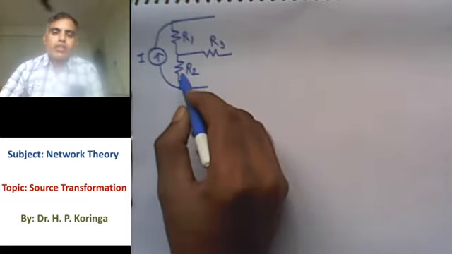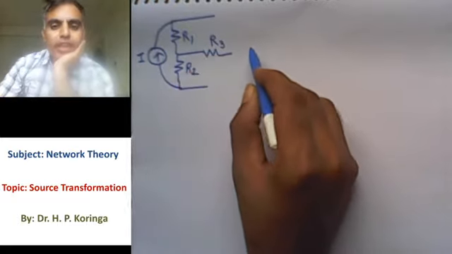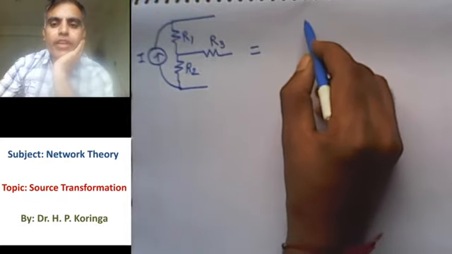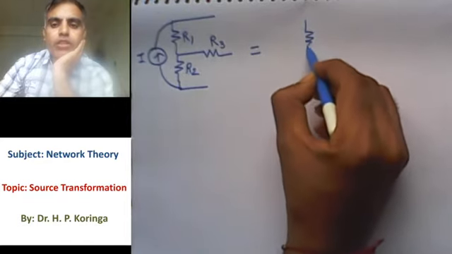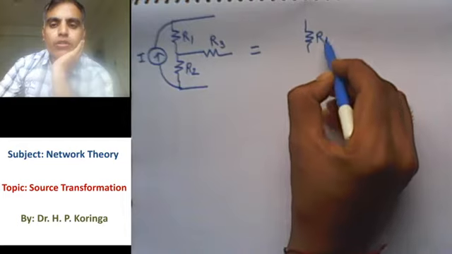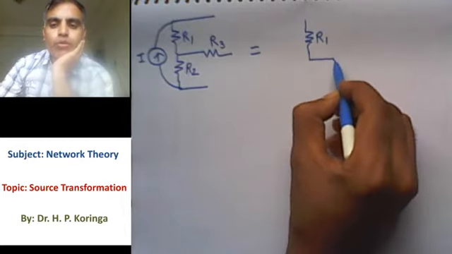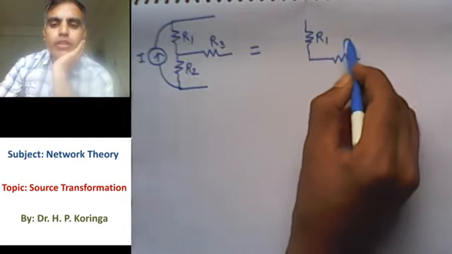In such a case, we can give this current source parallel to both, and we can prove both the networks are equivalent.